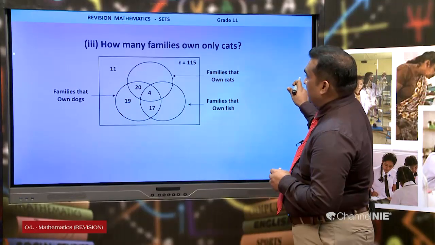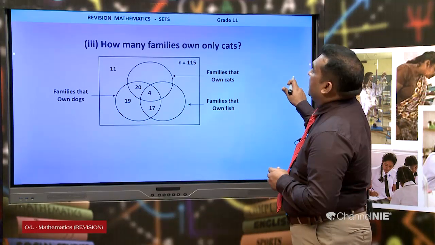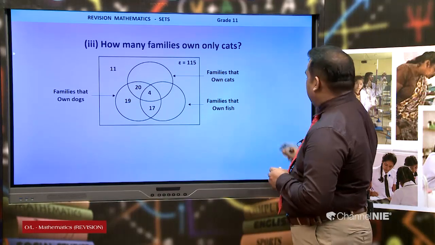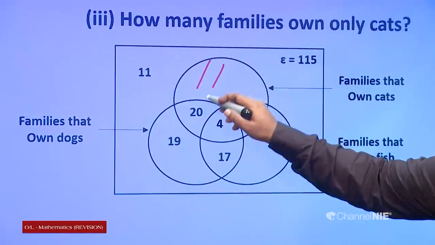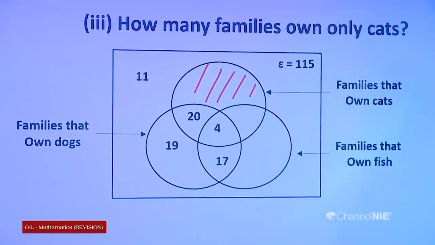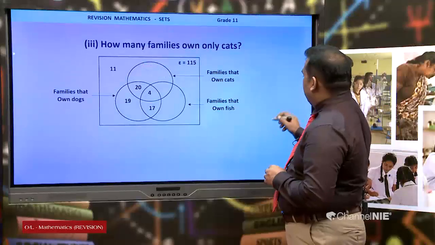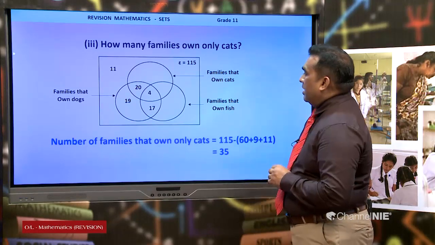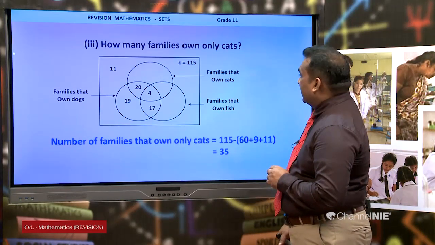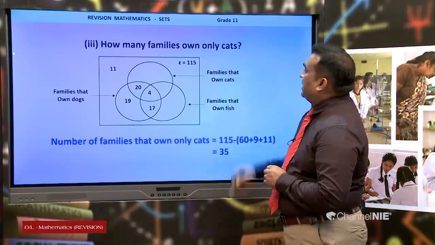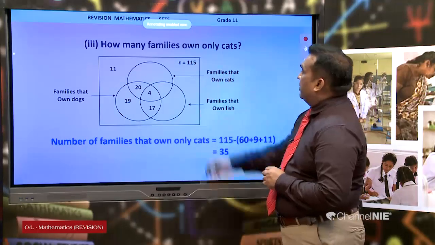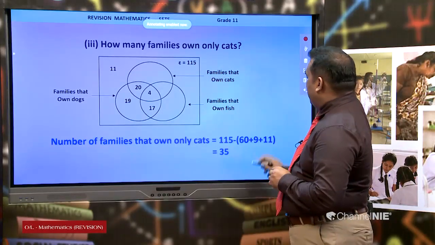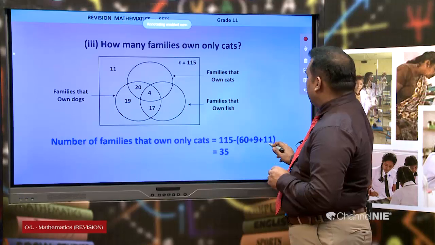Number of families own fish but not dogs. Next one. How many families own only cats? Only cats. It means this one. Then we will see how to get it. Number of families that own only cats is, here we know sum of elements, 115 minus 60 plus 9 plus 11.